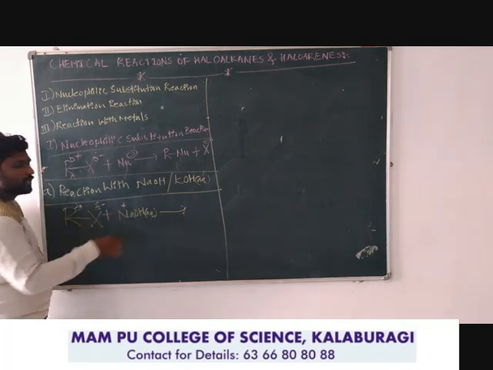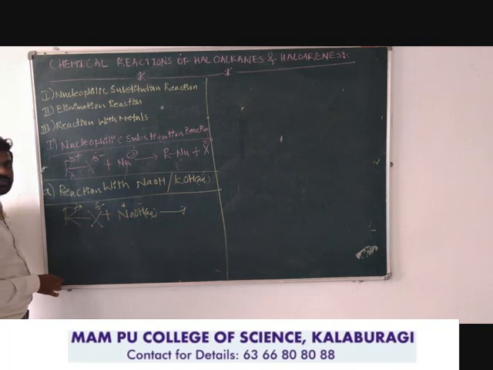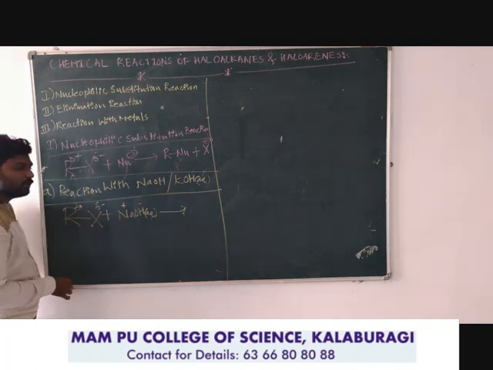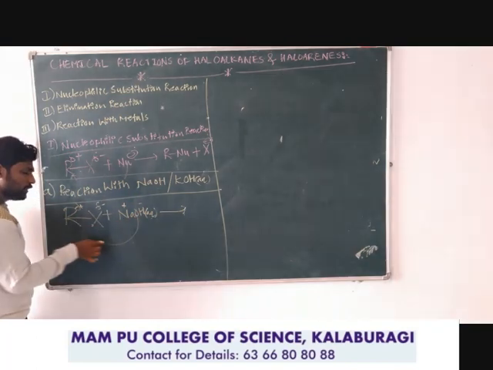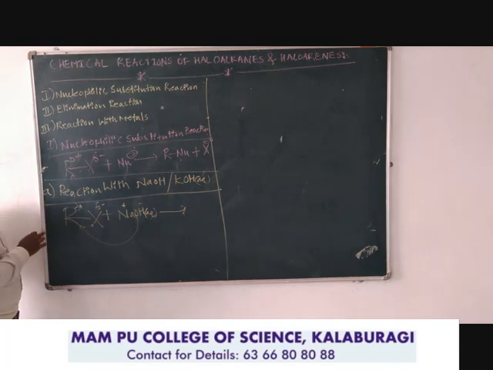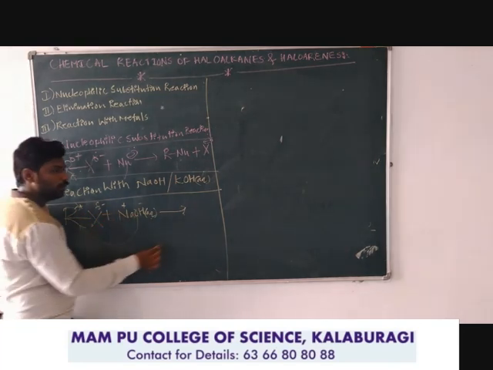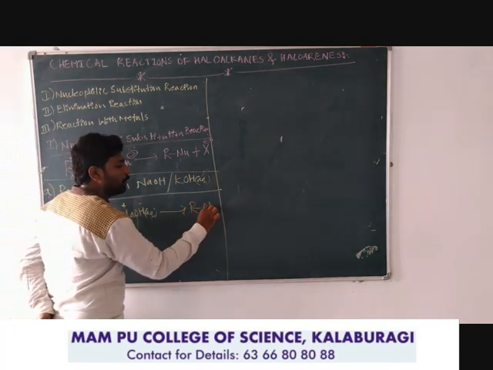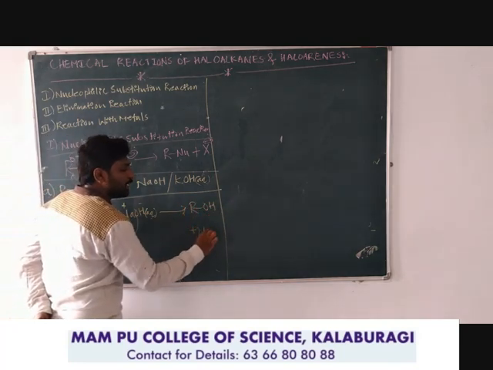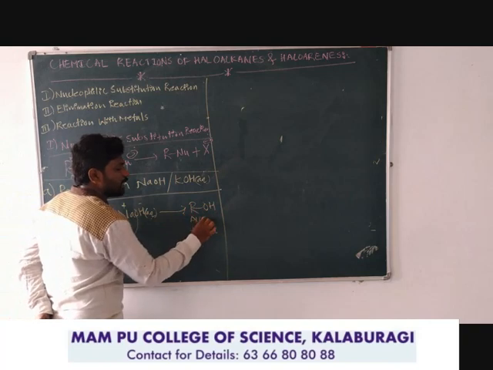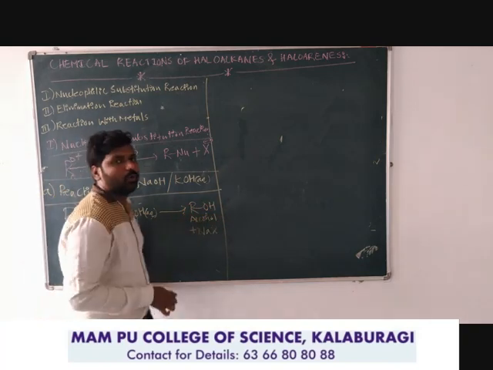Sodium is carrying positive charge, hydroxide is carrying negative charge. So this hydroxide group is negatively charged, and it will attack the alkyl part of the haloalkane. The X of the haloalkane is replaced by the OH group, and we get ROH plus NaX as the byproduct. So this ROH is nothing but alcohol.